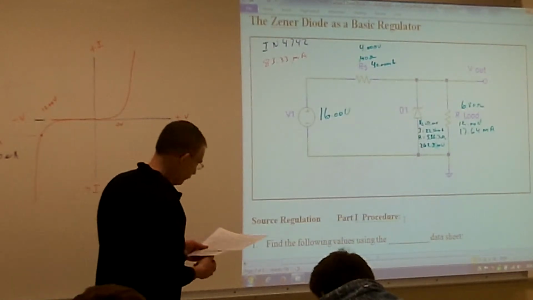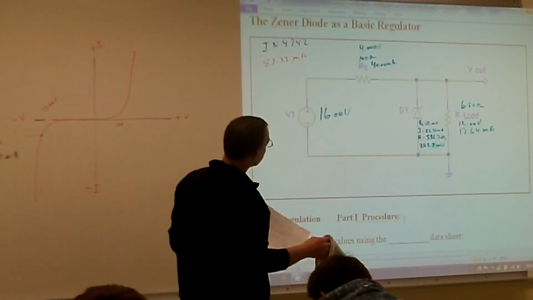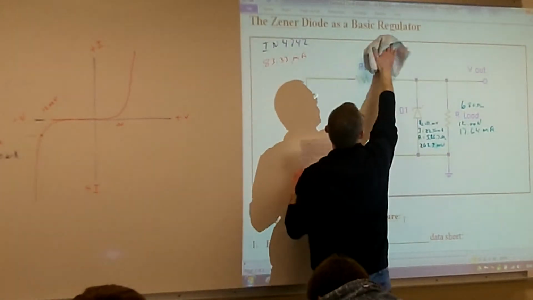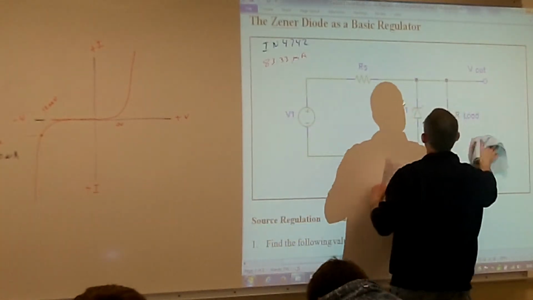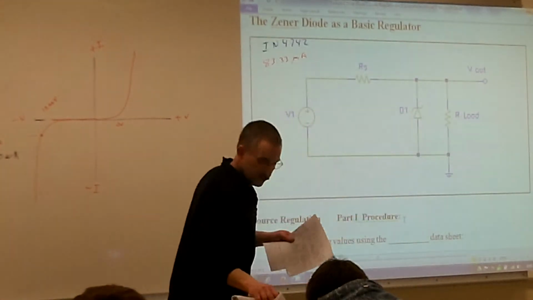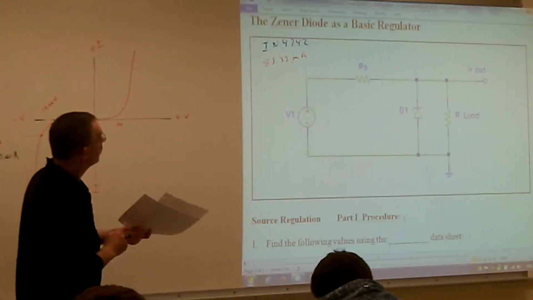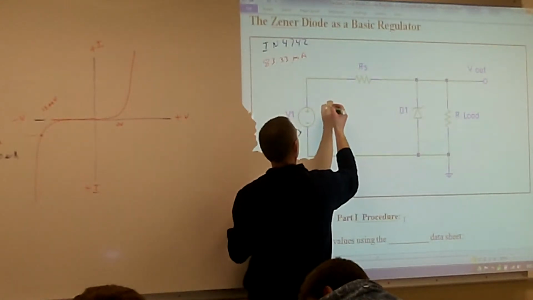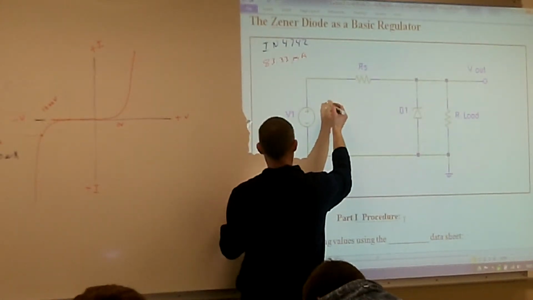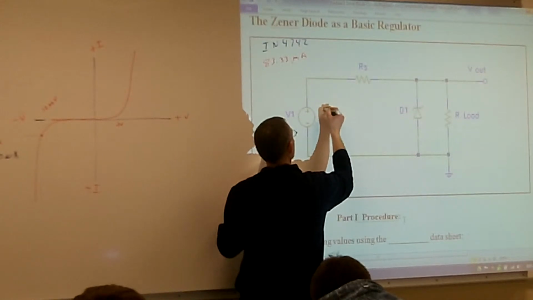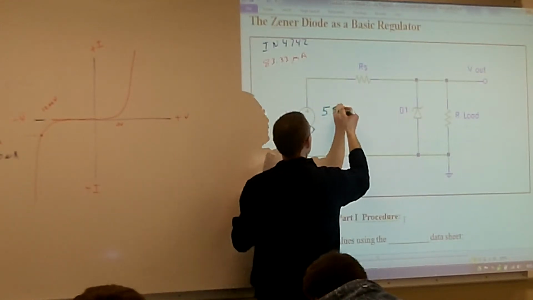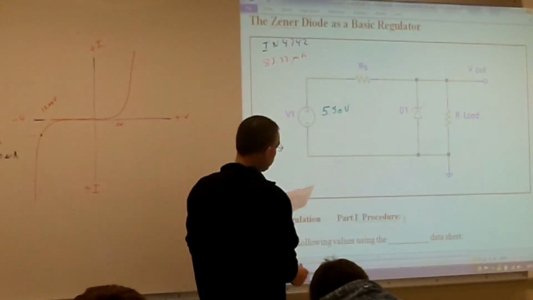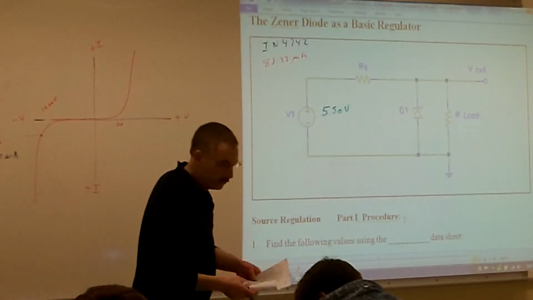All right. So far, pretty straightforward. All right, so our next one. This one we're going to do as a little longer method. This one is going to be our 5.5 volts source.